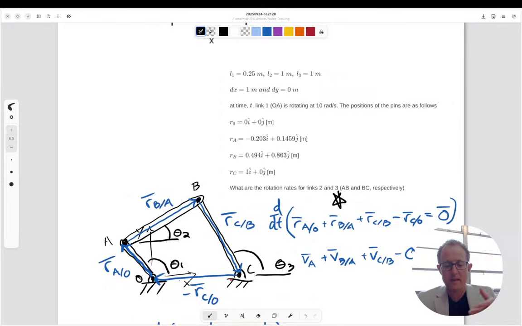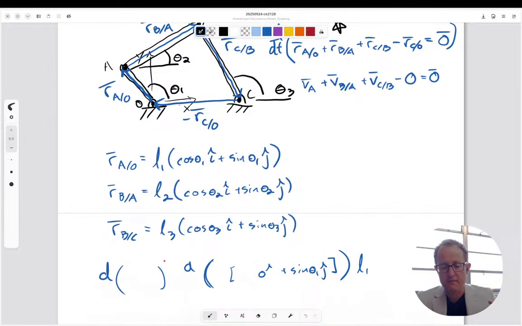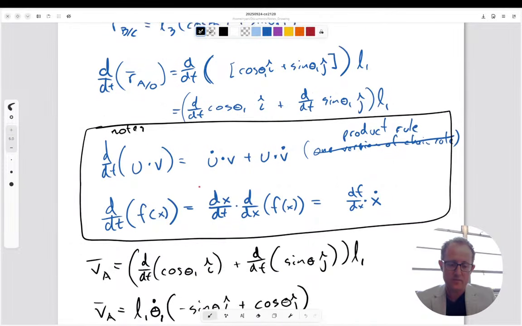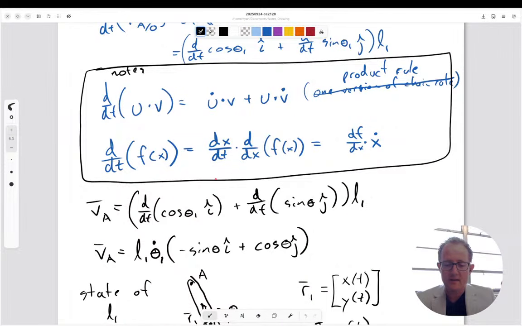From there, we start getting into trigonometry definitions, like, okay, here is the position based on angle. And then we take derivatives of that. We remember the product rule.